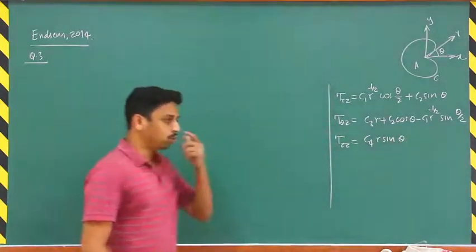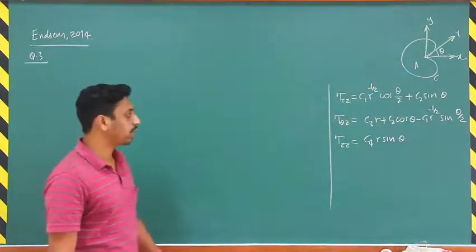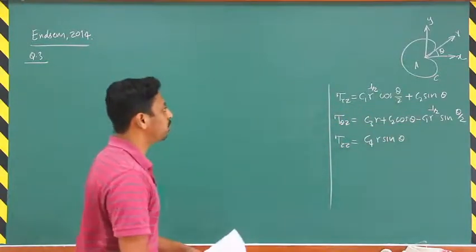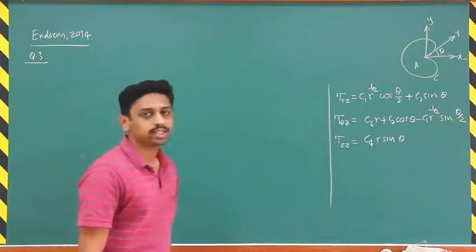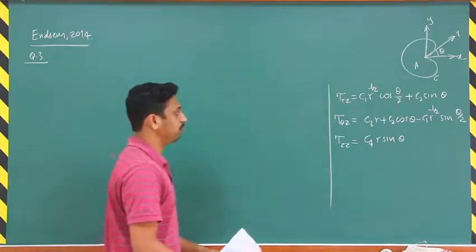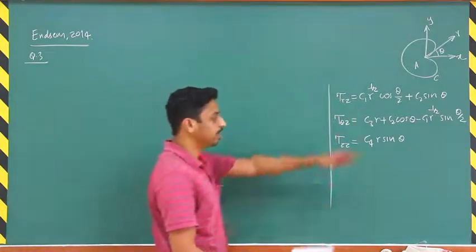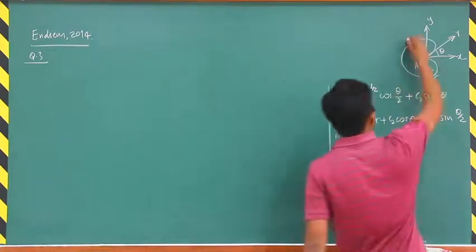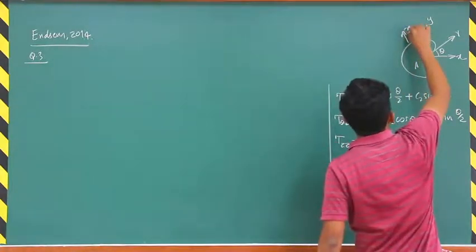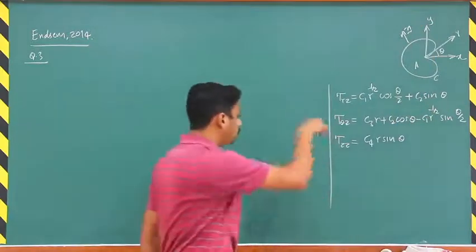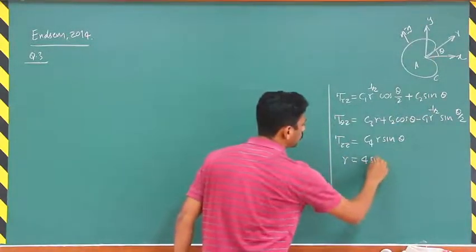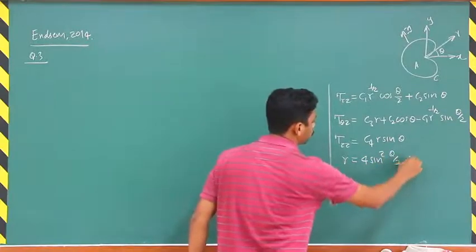Now we have to make use of appropriate boundary conditions to find these constants C1, C2, C3 and C4. To use the boundary conditions with respect to tractions, we need to find tractions on these particular surfaces. So for finding the tractions, we need to find the normal to this contour C. The equation of the contour is r equals 4 sin square theta by 2.